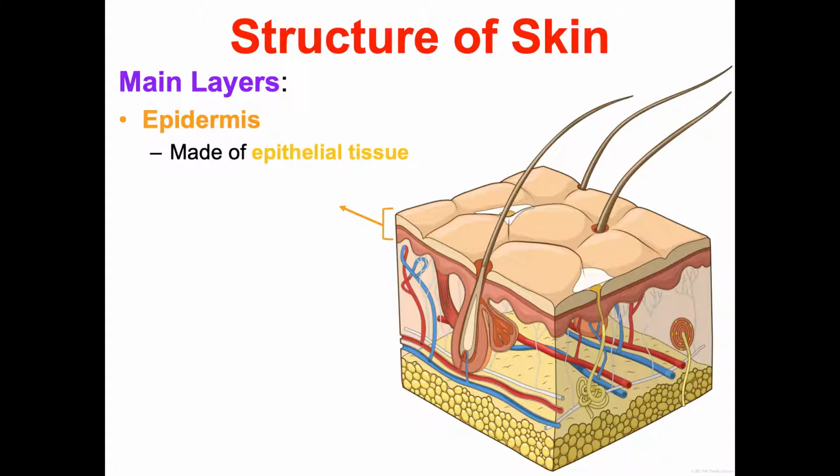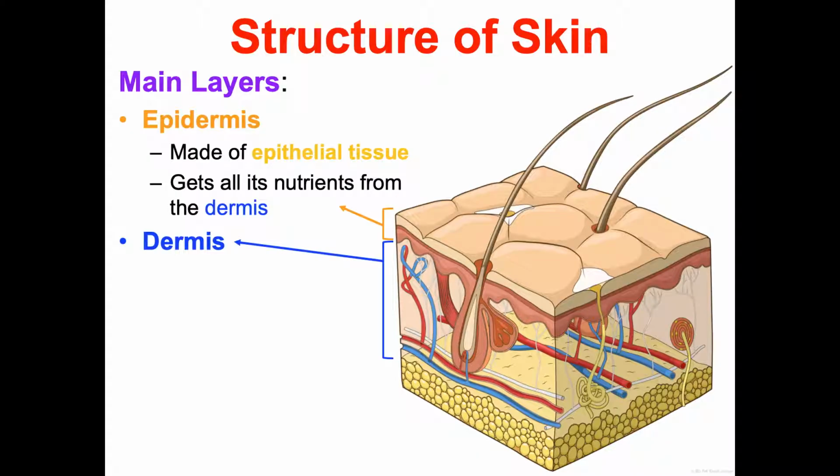It is composed of epithelial tissue, which if you don't remember the different tissue types, you can go back to Unit 1, Intro to Anatomy, Concept 3, which was anatomy basics, and we did a little intro to histology there. So it's made of epithelial tissue, and it's getting all of its nutrients from the layer beneath it, which is the dermis.